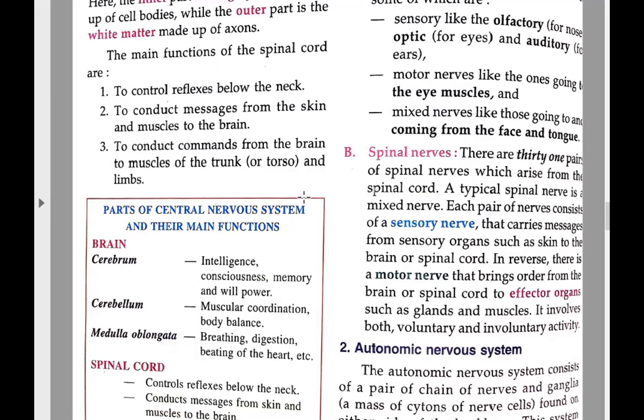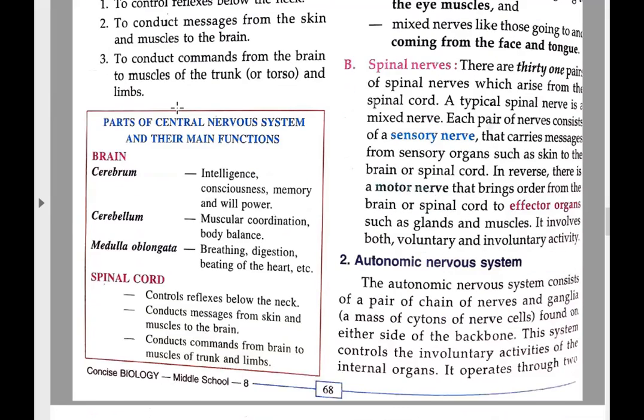So it doesn't go to the brain sometimes, such reflexes are controlled only by the spinal cord. Then it also conducts commands from the brain to the muscles of the trunk and limbs. So these are the three functions.